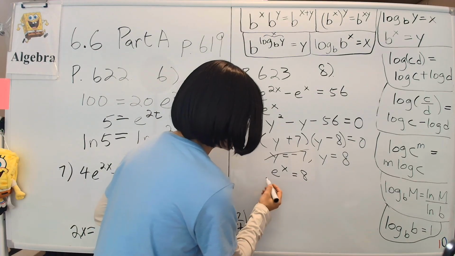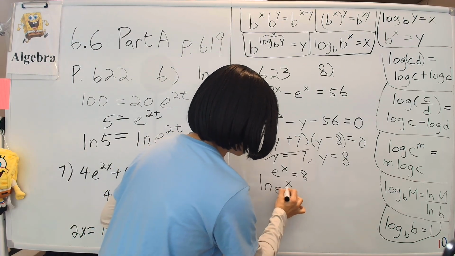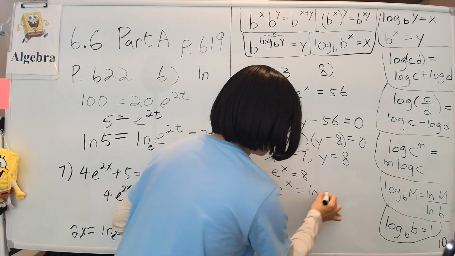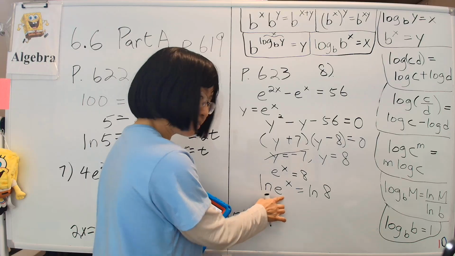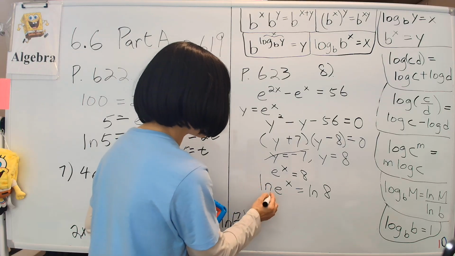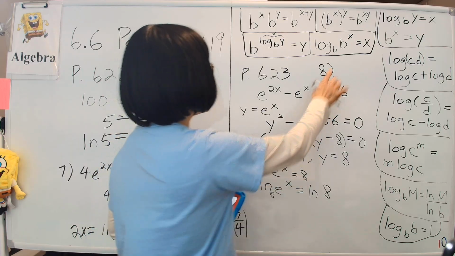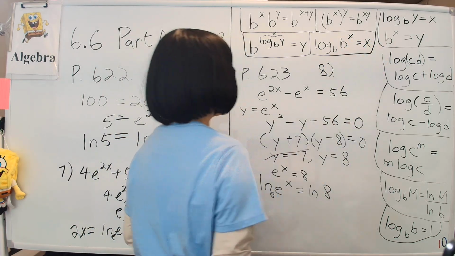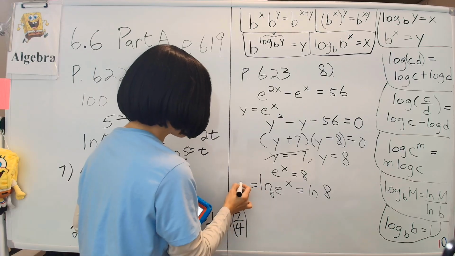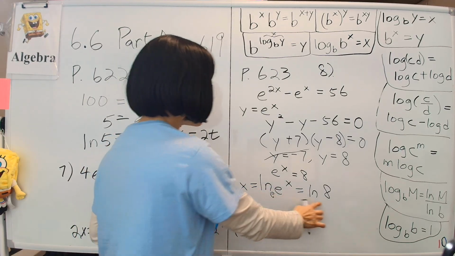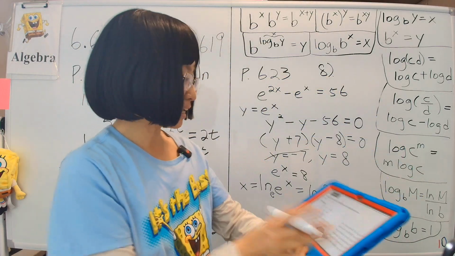So that becomes natural log of e to the power x equal to natural log of 8. Now, natural log and e are inverse functions, because natural log is the same as log with base e. Anytime you have ln and e together, this thing just becomes whatever's on top. So this is the same as x. So the answer is x equals natural log of 8, which is correct in example 8.